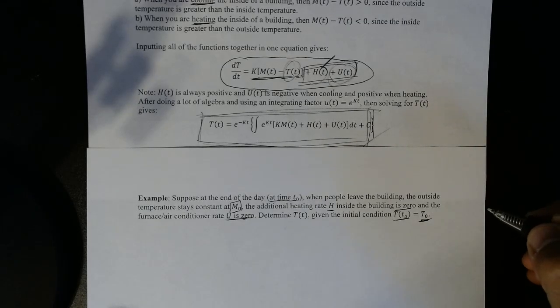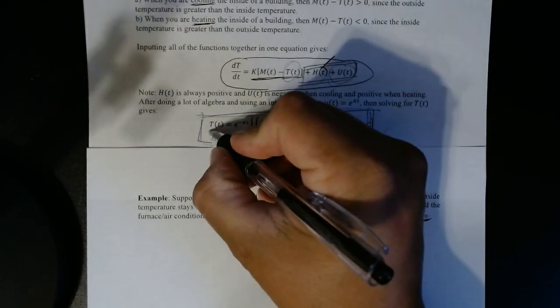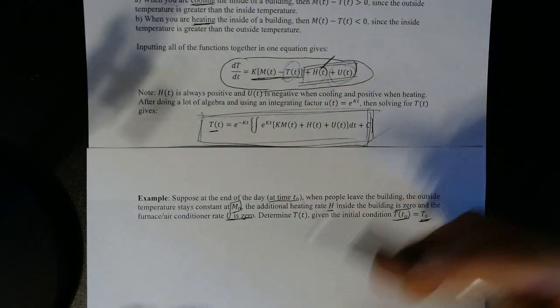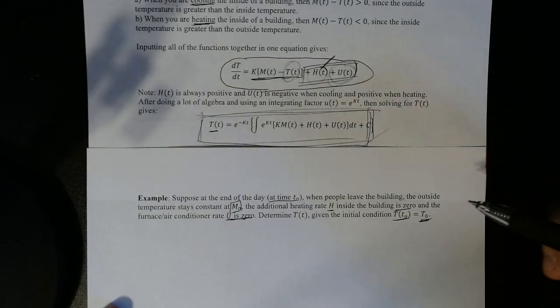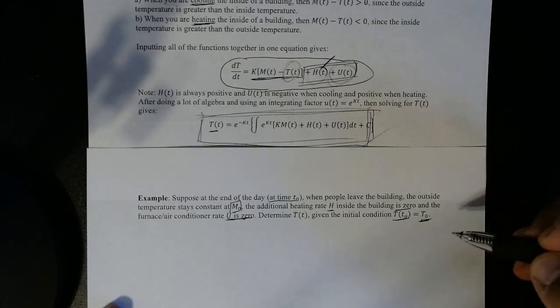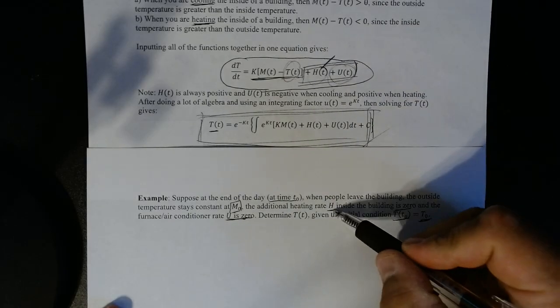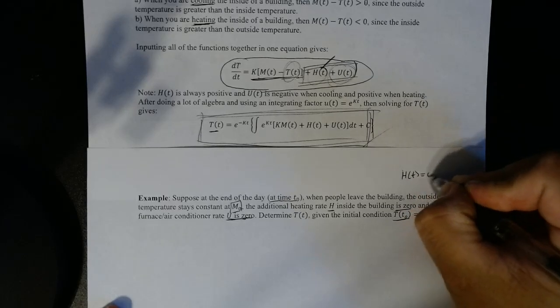Going back up here, this is what we're going to be dealing with. We want to find that. Then back to the initial condition after that, but for now, first the general equation. We're given a lot of information, and a lot of it is just a constant or basically 0. The first part says h is 0, so we know h of t is 0.